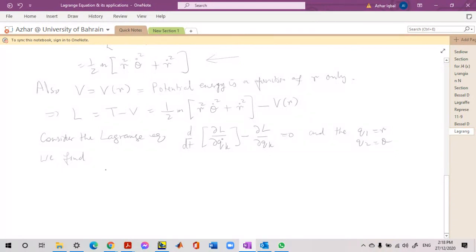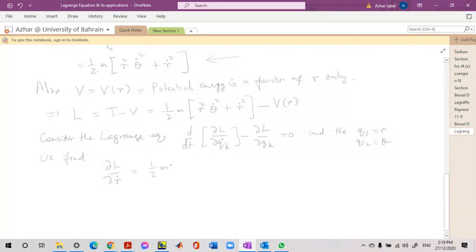So what you need to find is partial L over partial r dot, because r is a generalized coordinate, the first one.